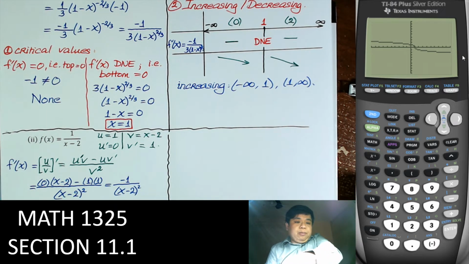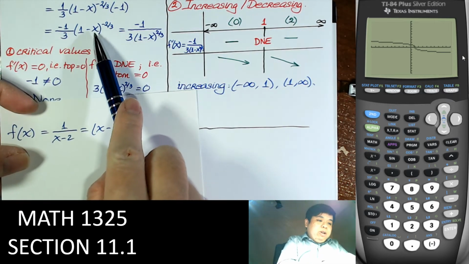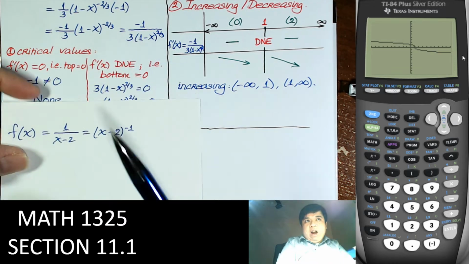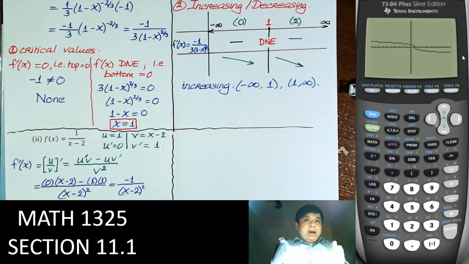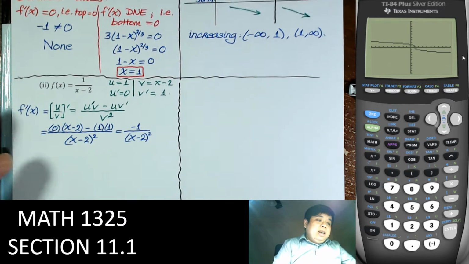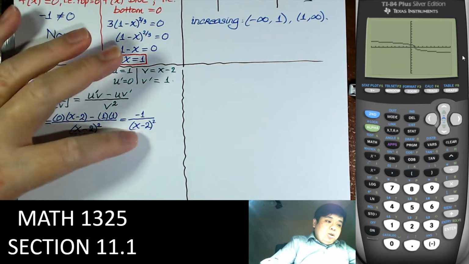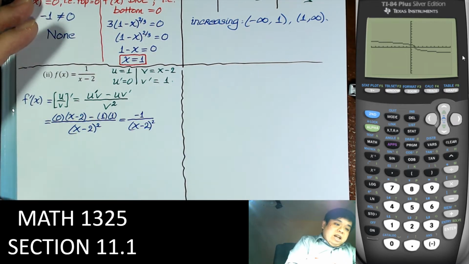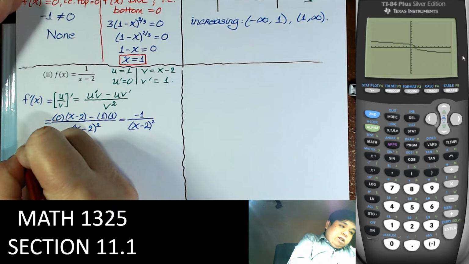Otherwise, eventually we will have to move terms to the bottom to get a fraction anyway. So since we expect to have a fraction, why don't we just use the quotient rule? Of course you can use anything, but it is to our advantage to have the big fraction like this. It's easy to work with. Now we find the critical values.